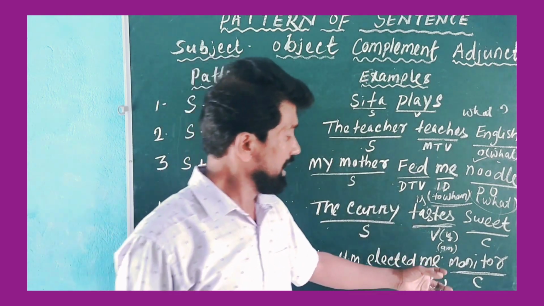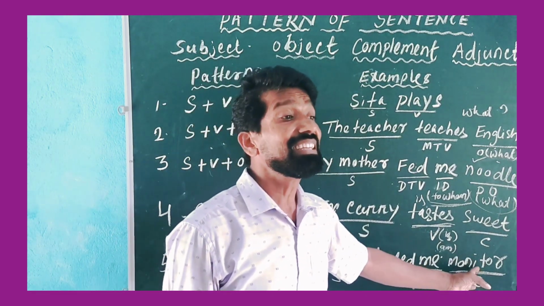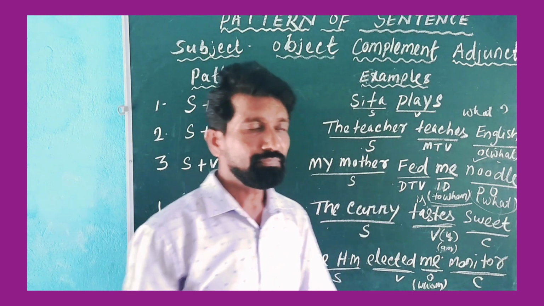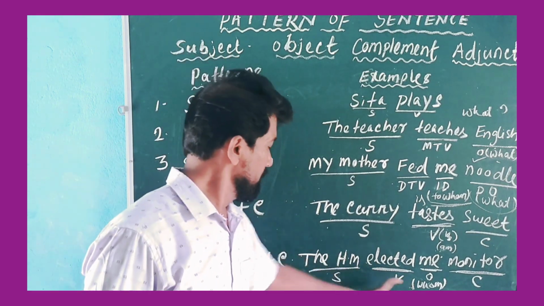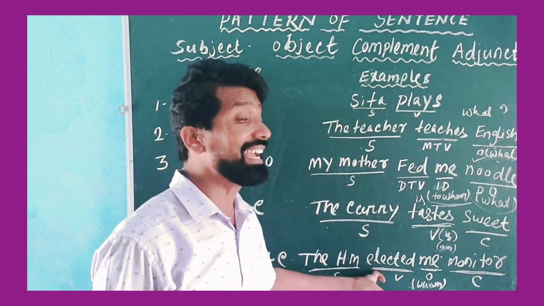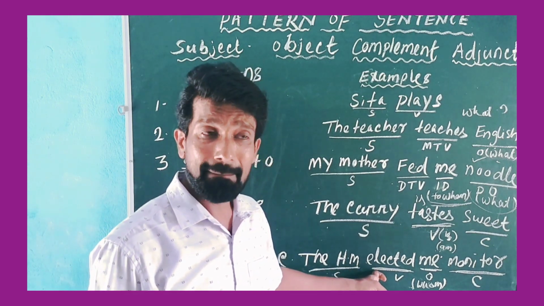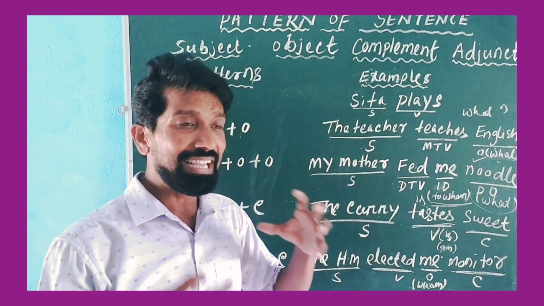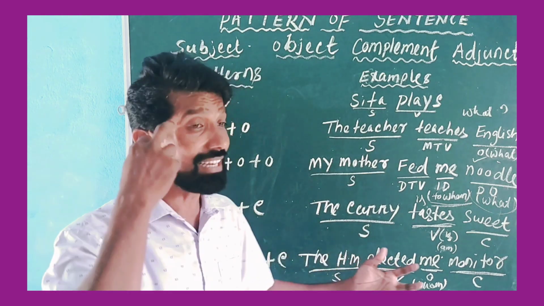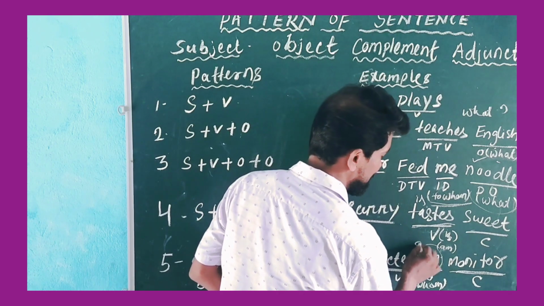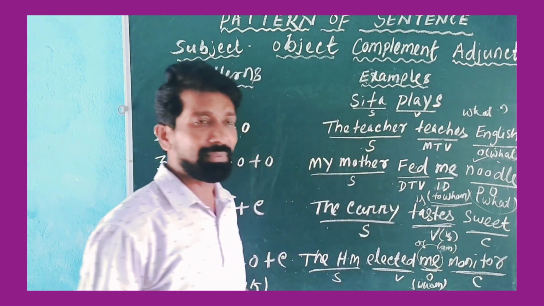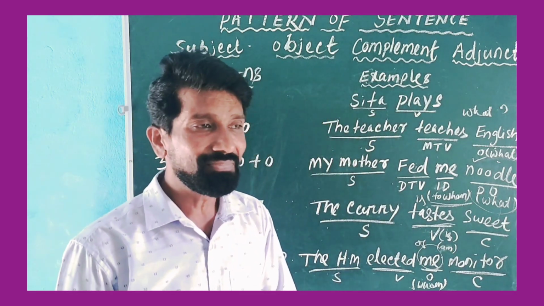How can you know that this is an object and this is a complement? Just ask the question whom. Whom did the headmaster elect? The answer is me. So here me is the object, because you asked the question whom.